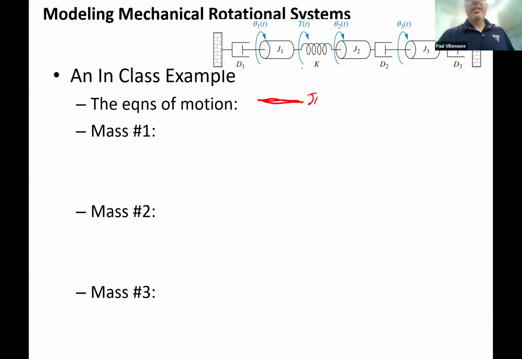You'll note that the torque here is applied sort of in the middle between J1 and J2. Couple more minutes.